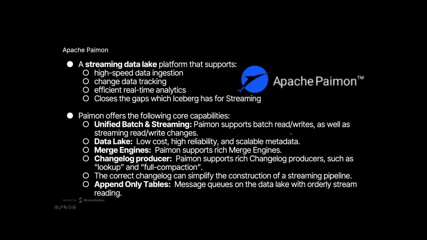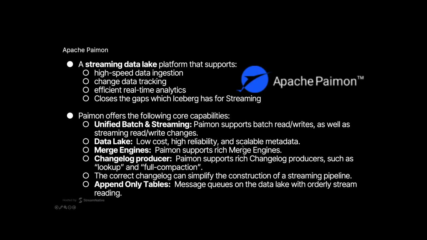It supports both batch read writes as well as streaming read writes. Compared to Iceberg, Iceberg supports batch read writes and micro batch read writes basically for streaming. So it has overhead. The Iceberg has overhead, but Paimon supports the streaming read writes natively. It's low cost, high reliability, and scalable metadata.